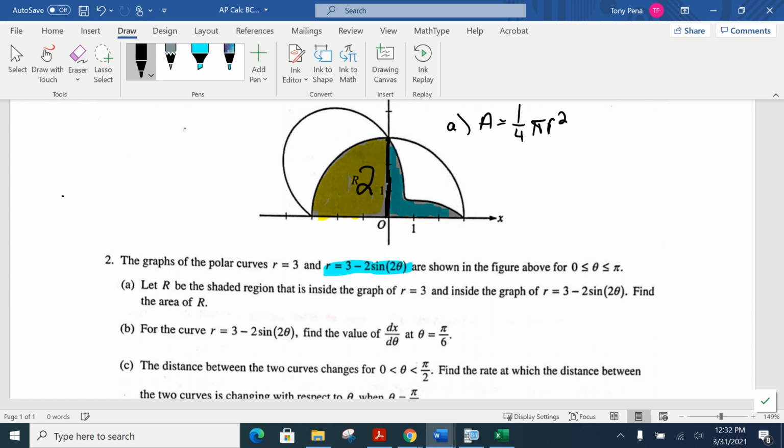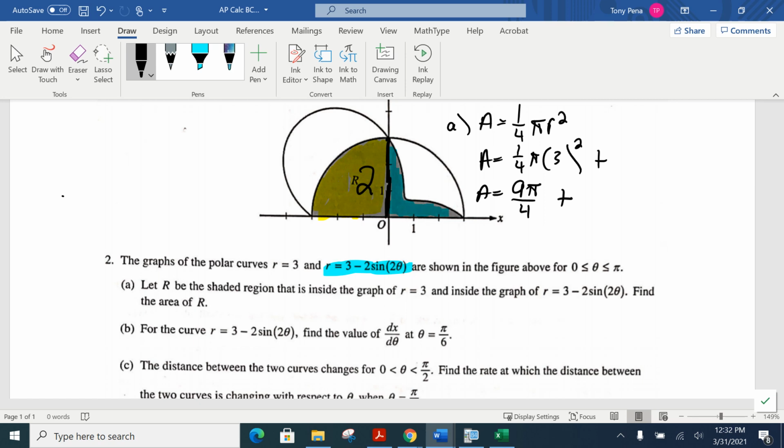So we really could do this with some simple geometry and just find 1/4 of the circle, pi r squared. We know that this little quarter circle in here has a radius of 3. So the area is 9 times pi over 4. And then we're just going to add that to the area of this blue region.